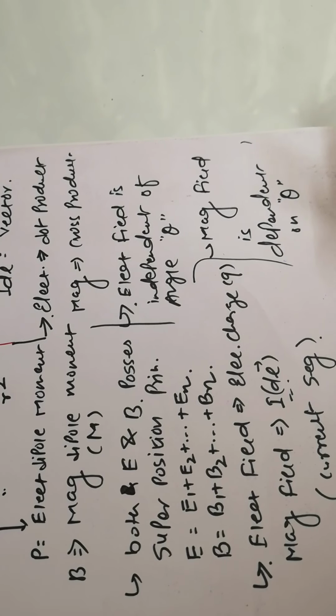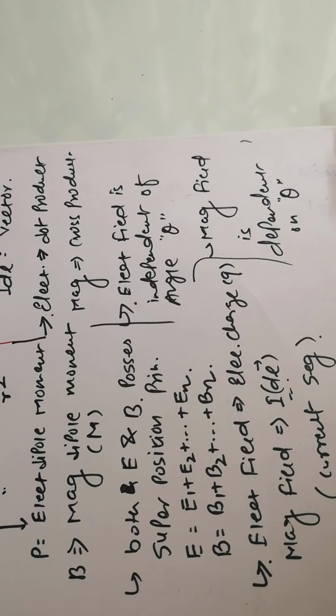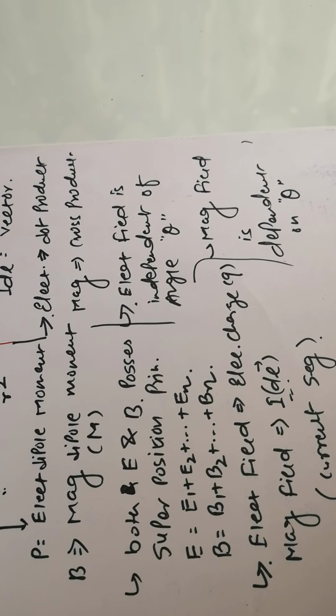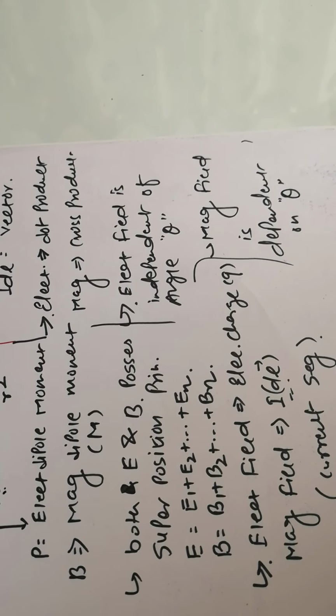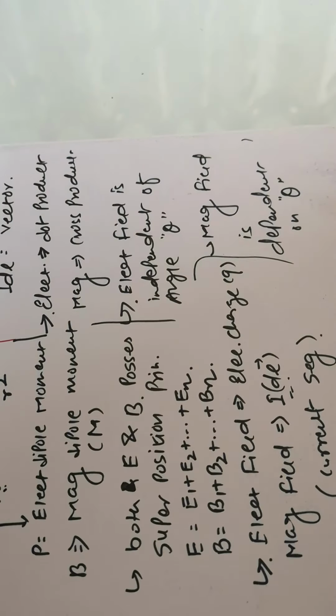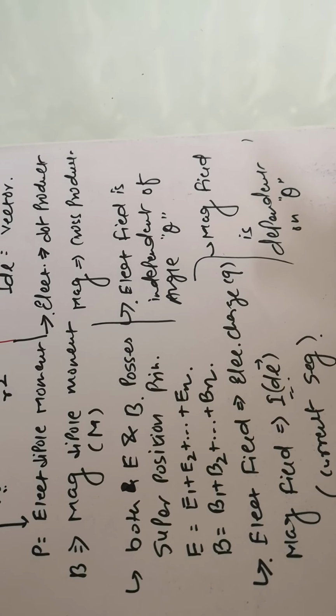So in electric field we are not bothered about dot or cross notation, because we are habitual that electric field lines pass from plus to minus, which is vice versa for the dipole. But in magnetic field we have to be very cautious about our thumb rule, where the magnetic field lines are entering and where they are going outside.